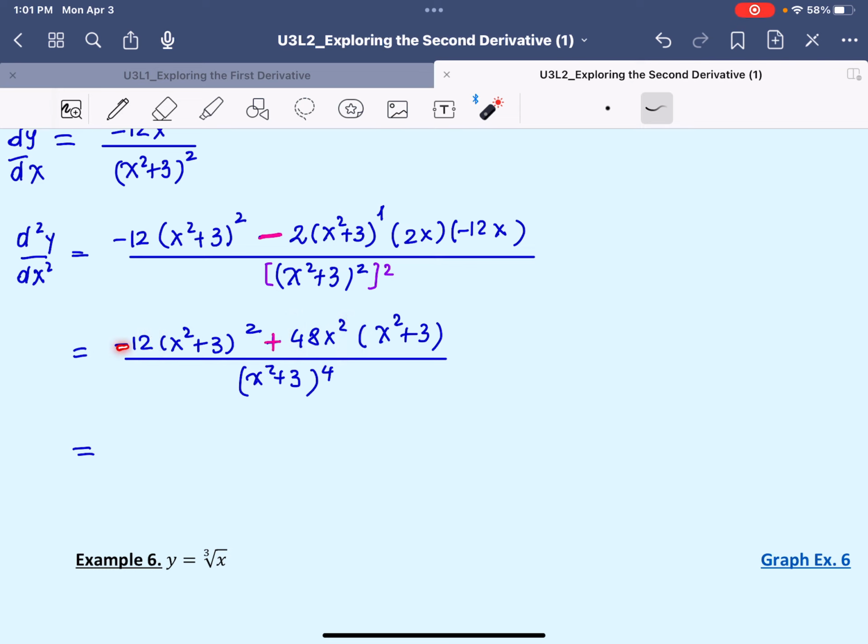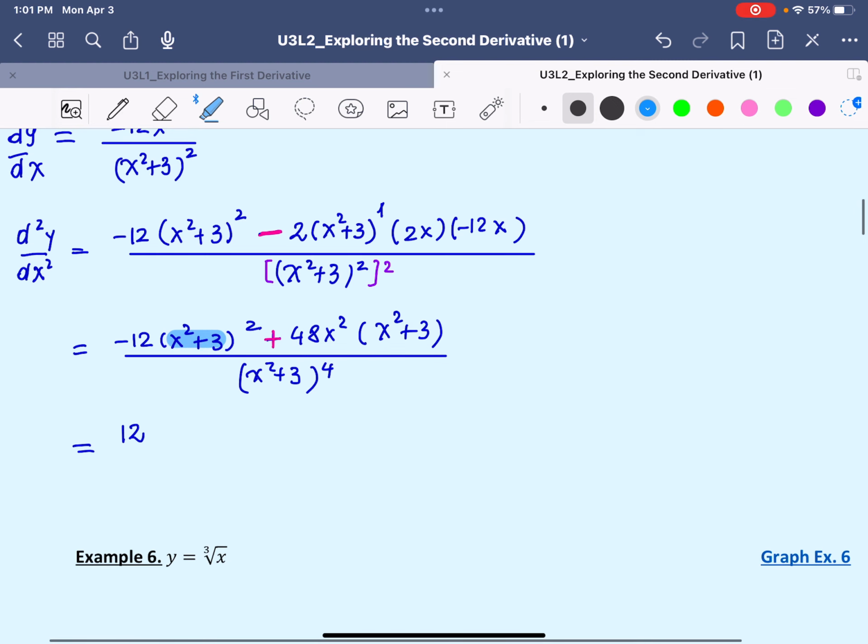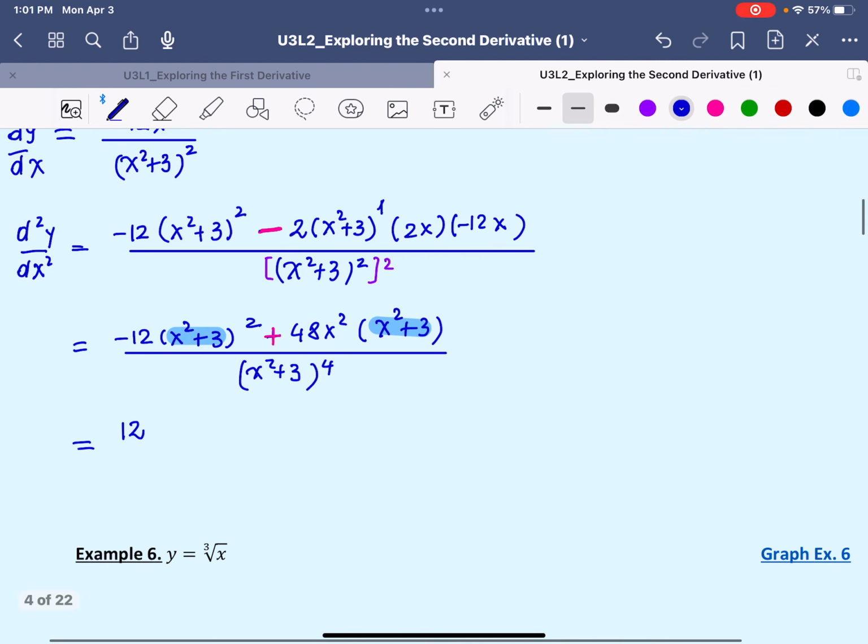So we have, actually, we can keep the 12 in here, just the 12. And inside the brackets, we have x squared plus 3 to the power of 2. And then we have x squared plus 3 in brackets again, but to the power of 1. So it seems that x squared plus 3 is a common binomial. So we take the lowest power out.